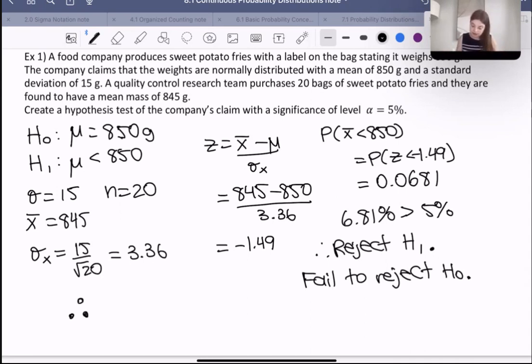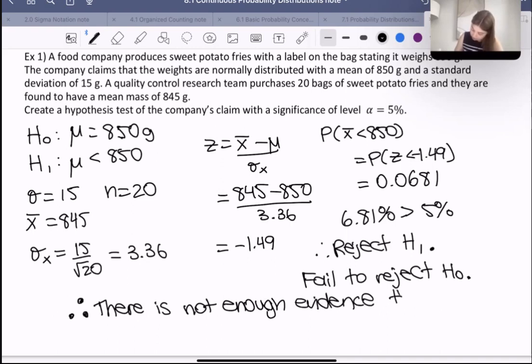What this means is that there is not enough evidence, for a 5% confidence level at least, that mu is less than 850. In other words, it's not that H1 is false, there's just not enough evidence of that.